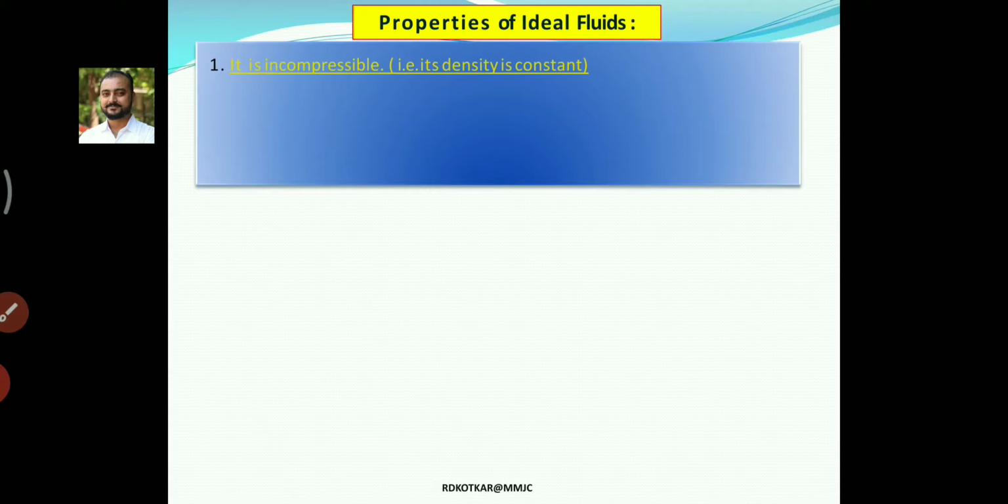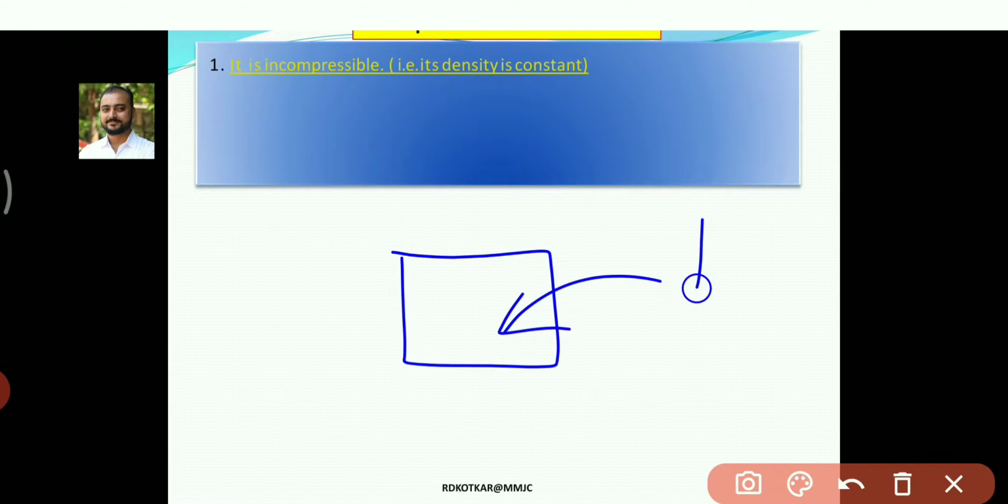It has a fixed density. For a liquid filled inside a given container, suppose 1 liter, it is not possible to fill more liquid inside it because it has a constant value of density.